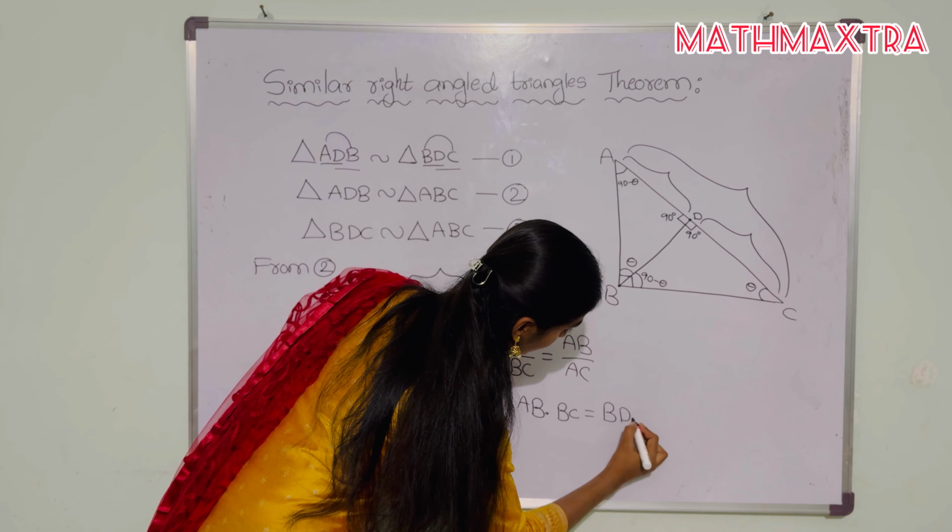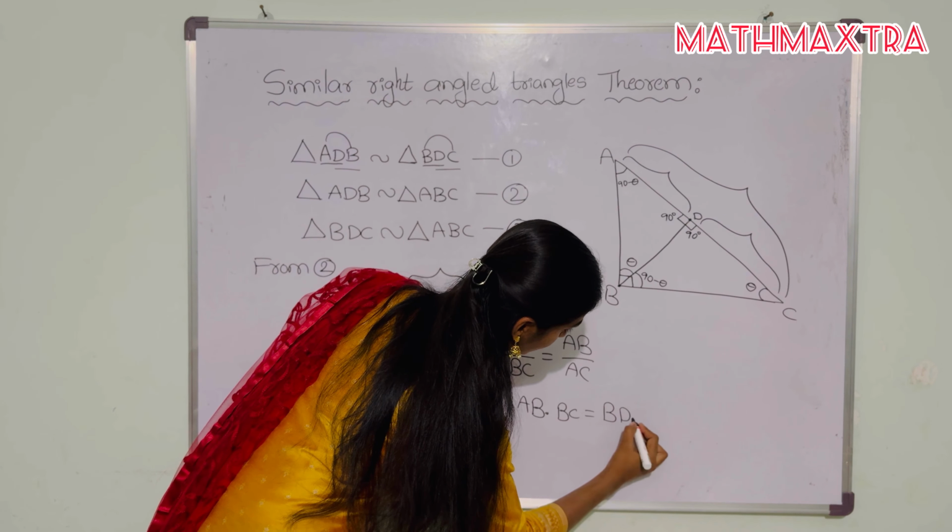This relation is very important. You check, this is the relation between the two sides. AB is one side, BC is one side, BD is the perpendicular, AC is the hypotenuse. If we know the two sides and the hypotenuse, we can find out the length of the perpendicular. So in that case, we need this relation. So this relation is also important.